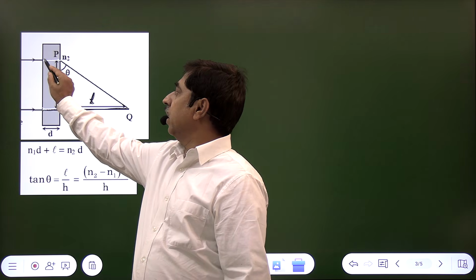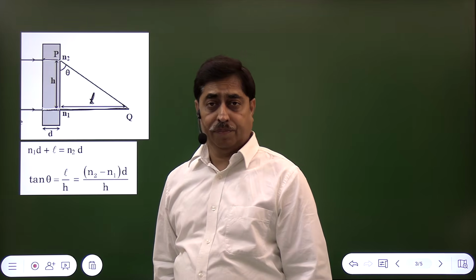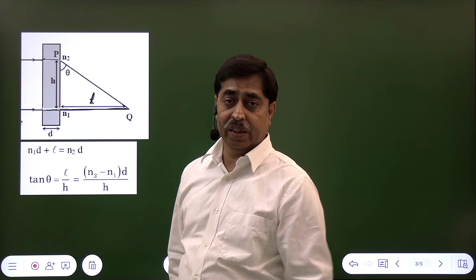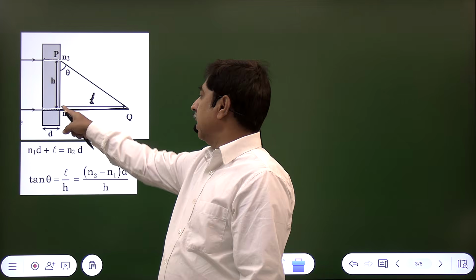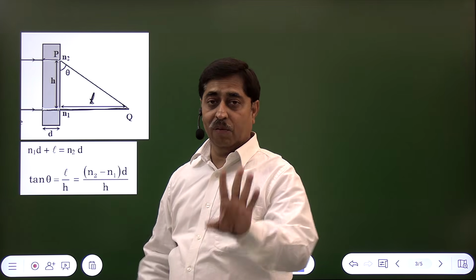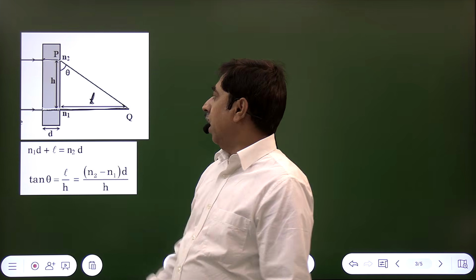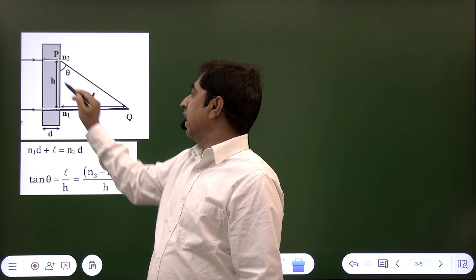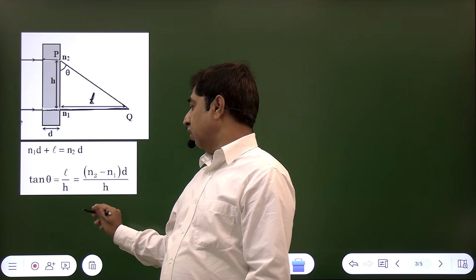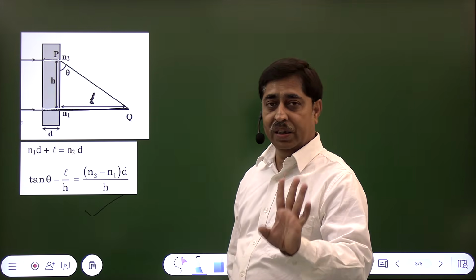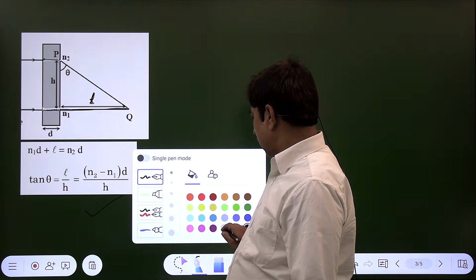And optical path length here is N2 into D. N2 is the refractive index there. So both should be equal. So from here you get this value of L as N2D minus N1D. And looking into this diagram, tan theta is L by H. So L is (N2D minus N1D) by H. So question is solved. This is the deflection angle.